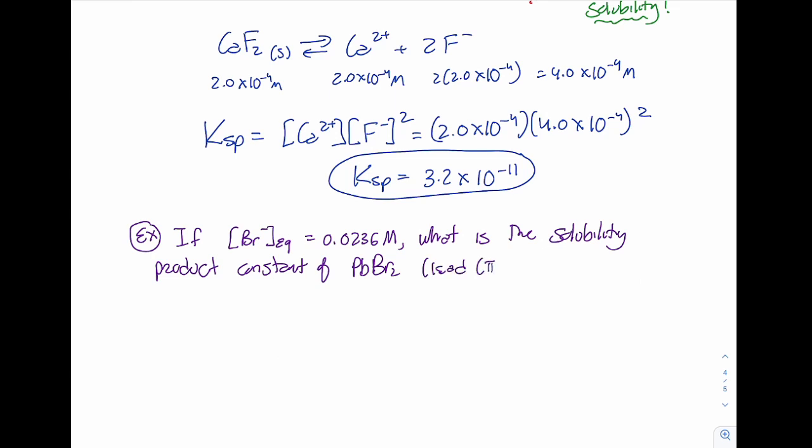Remember, lead is one of those variable charge metals, so when you're writing the name, you do need to have that Roman numeral. So lead(II) bromide.